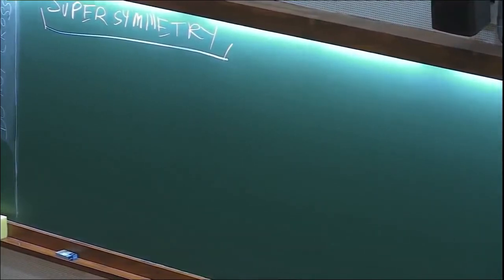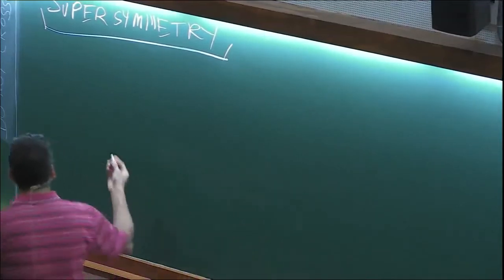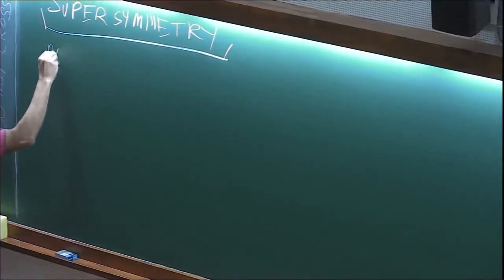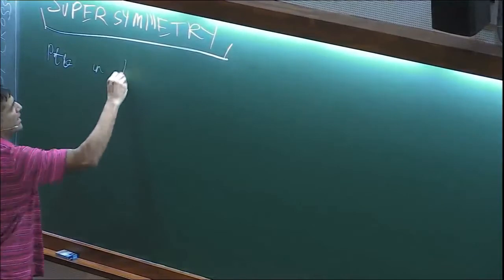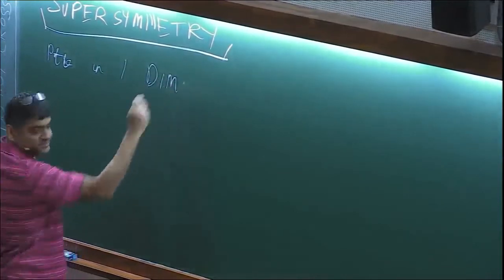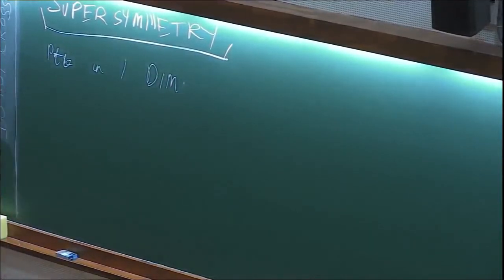So the model is a system of quantum mechanics of a particle in one dimension. It's a non-relativistic particle moving in one dimension, the kind of particle you study in Schiff's book on quantum mechanics. The one thing that's not in the first chapter of Schiff, but maybe the sixth chapter, is that our particle has a two-component wave function.